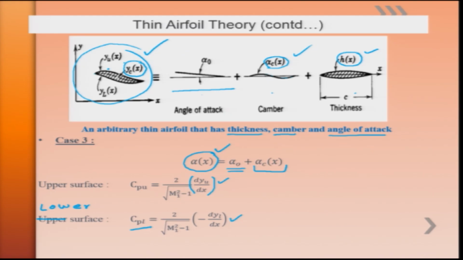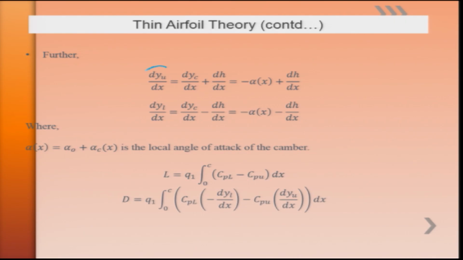The gradient of the upper surface dyu by dx is equal to dyc by dx plus dh by dx, that is the thickness distribution. Here dyc by dx is nothing but minus alpha(x), again plus dh by dx, whereas for the lower surface the gradient dyl by dx can be written as dyc by dx minus dh by dx, as we can see here.